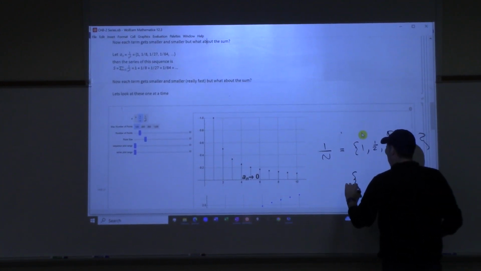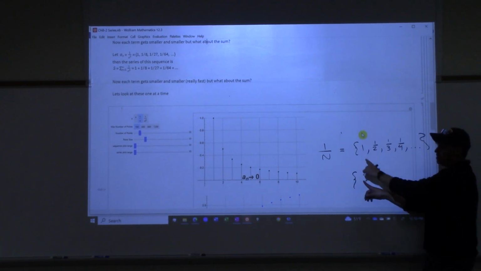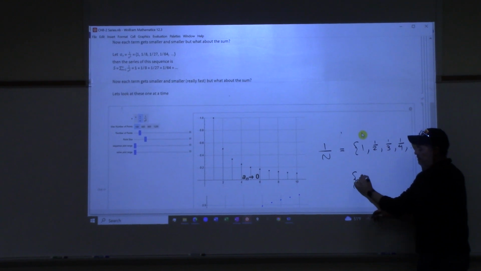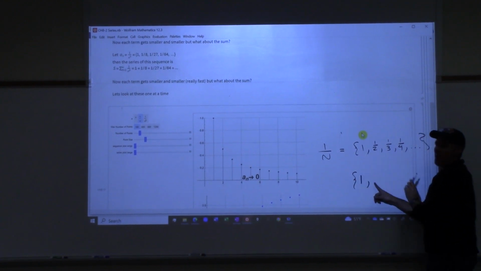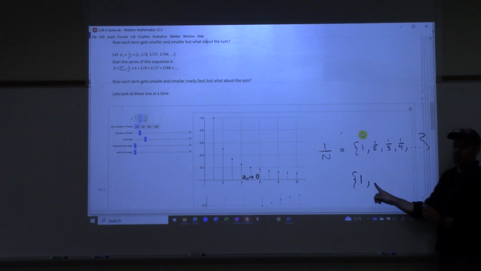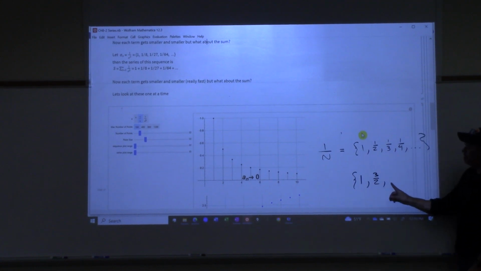I'm going to create a new sequence that looks like this. The first number in this new sequence is just the first number here, okay? The second number here is these two added up. What's 1 plus a half? 3 halves. Okay, I'll do 3 halves. The next number here is the first 3 added up.